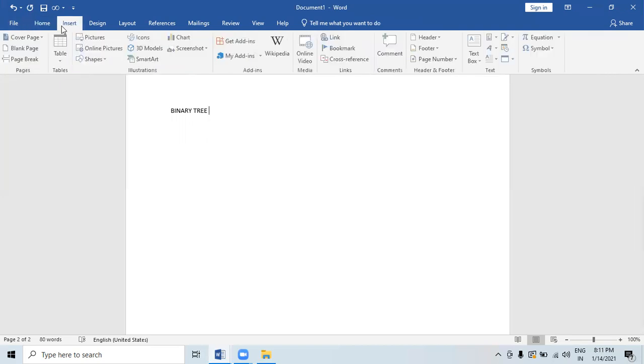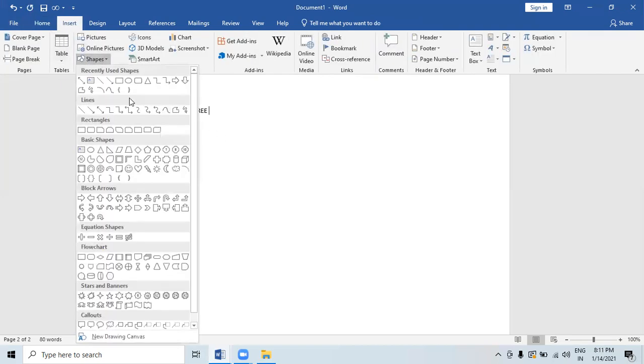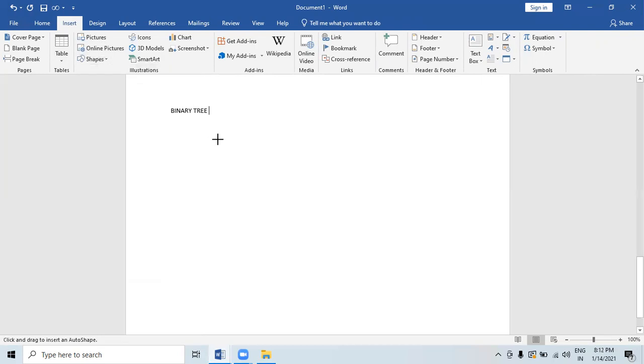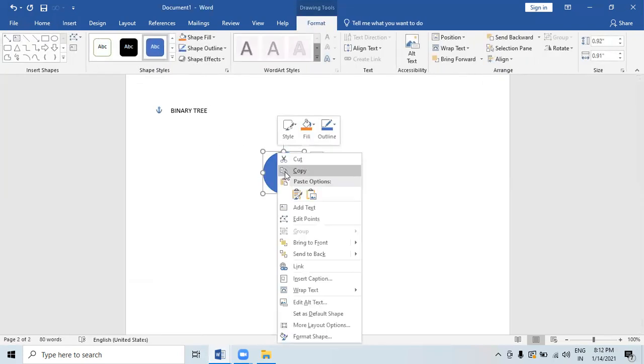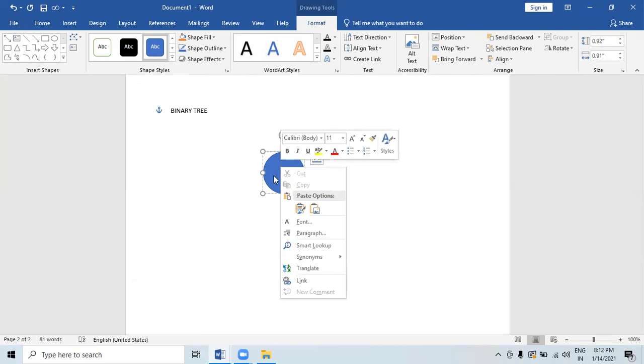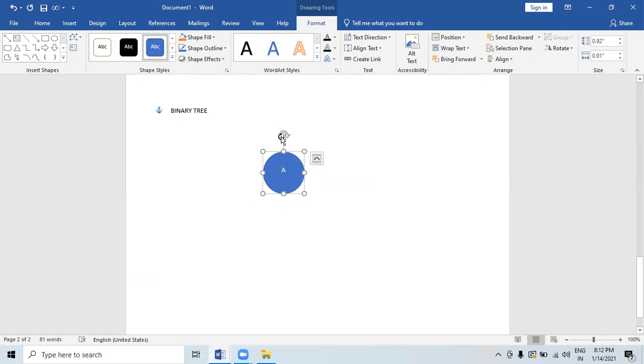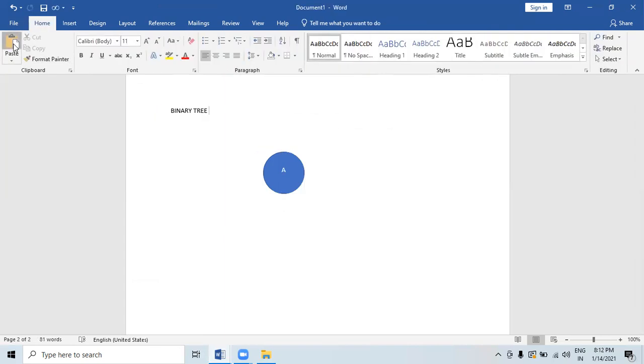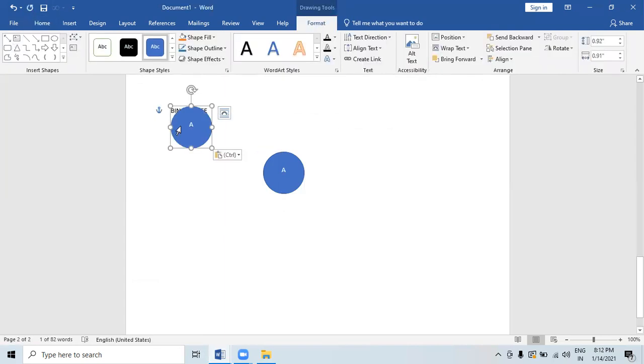So the binary tree diagram will also look like this. Suppose A, then let's copy it, then paste, paste, paste. You can see here.